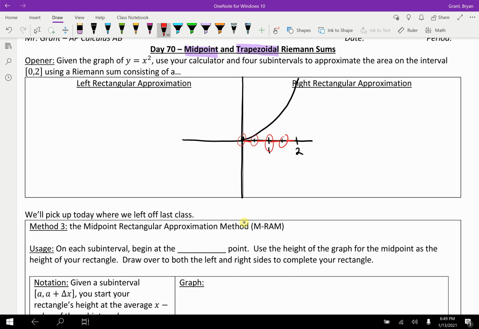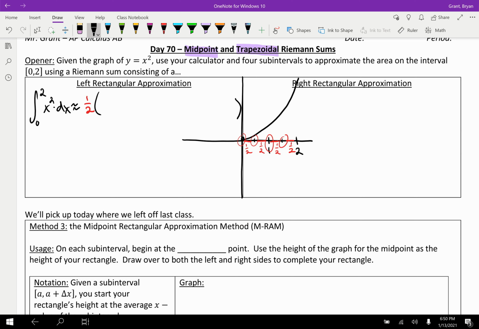We should also notice that the base of each of these is 1/2, and that's in common to all of them. So we could say the area from 0 to 2 beneath the graph of x squared dx is approximated by, and because 1/2 is in common to all of them, we can factor that out.